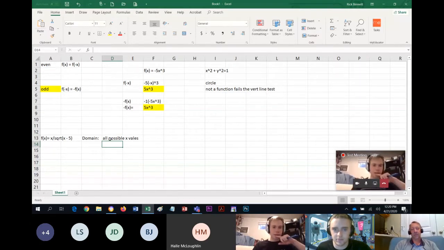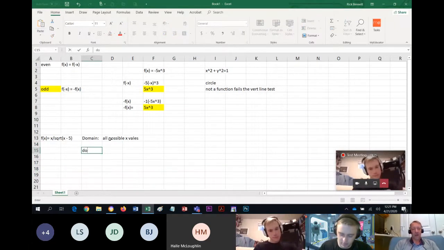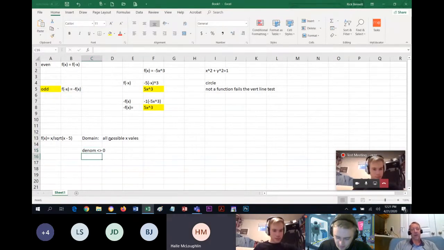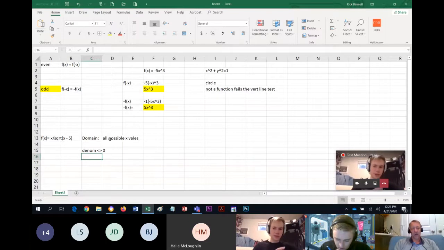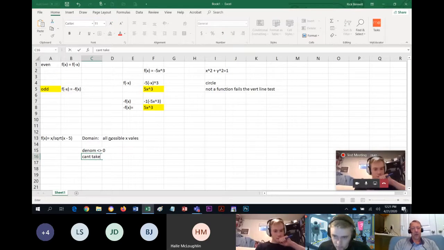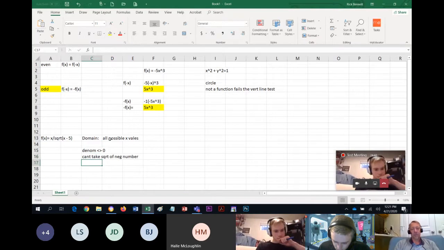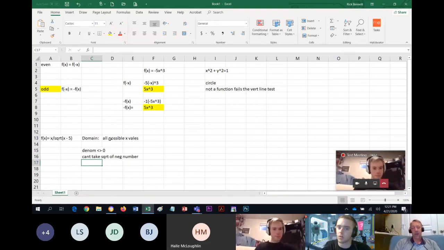Well, you know the denominator can't end up being 0 because you can't divide by 0. Okay, so the denominator cannot equal 0. That's one rule. You also can't take the square root of a negative number. So it's the denominator we're most concerned about because the square root happens to be in the denominator. So the denominator can't be 0 and it has to be positive, essentially.